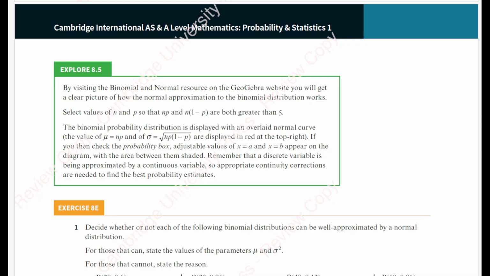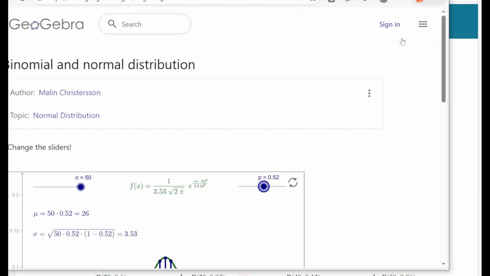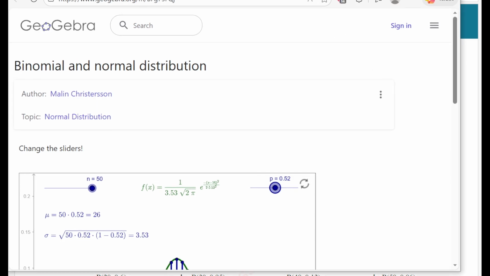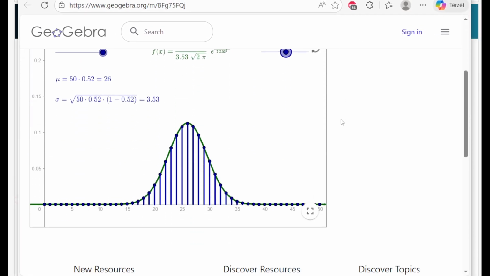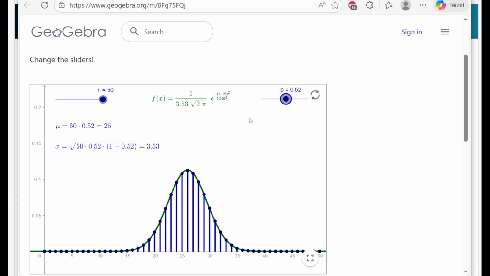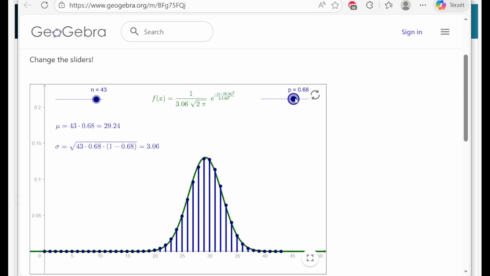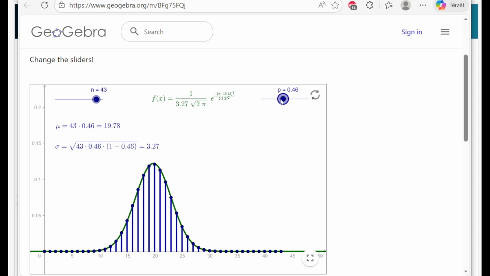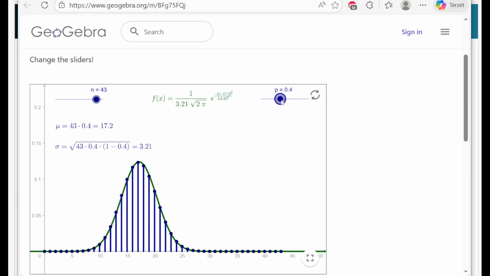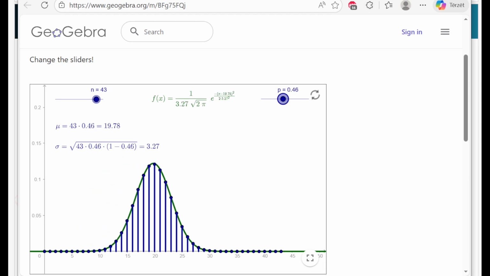So here, if you just move this distribution, you can see, let's do it like that. This is the picture. And you can see here, we can change the number of trials. You can change the probabilities, and this is how it goes.